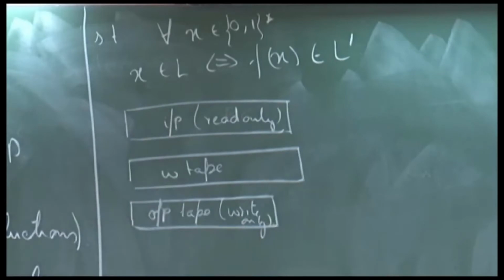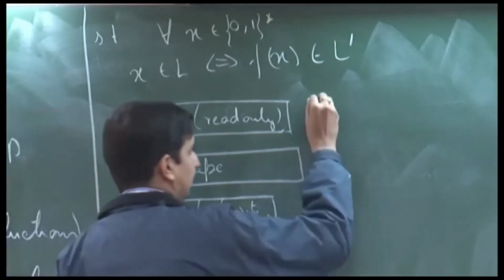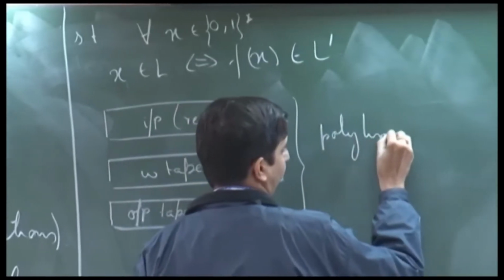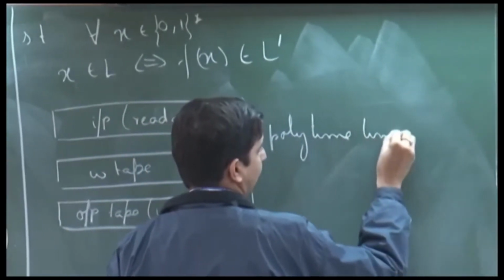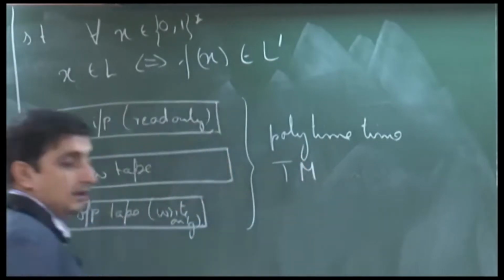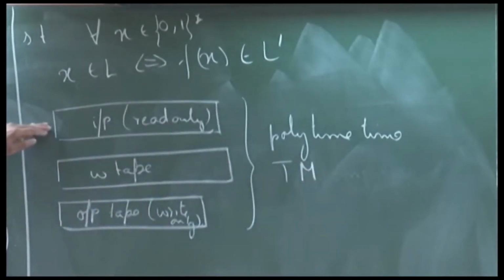So this is a polynomial time machine which, when given the input x on its input tape, will output f of x and then halt.